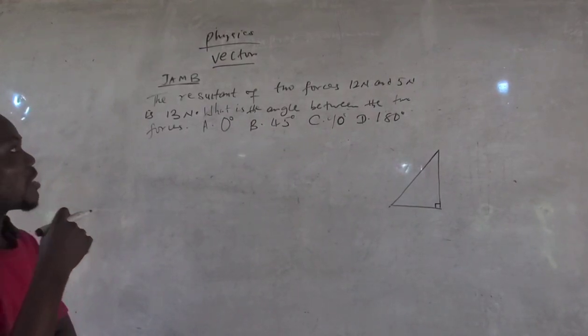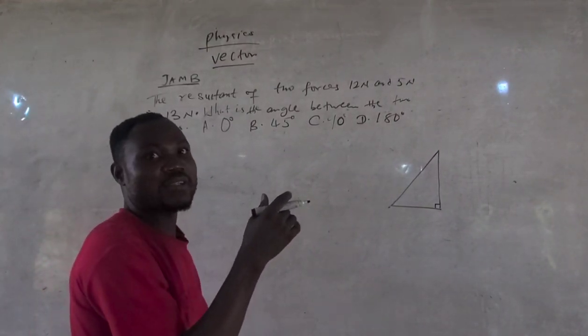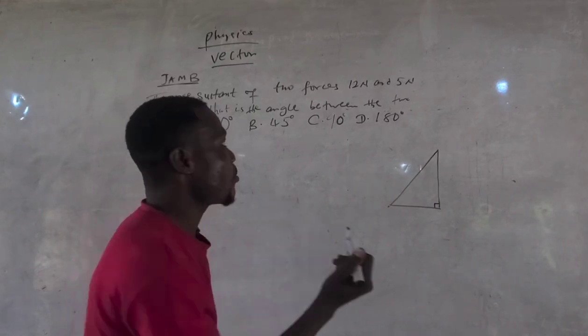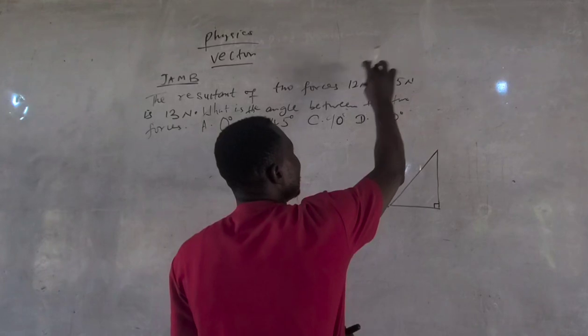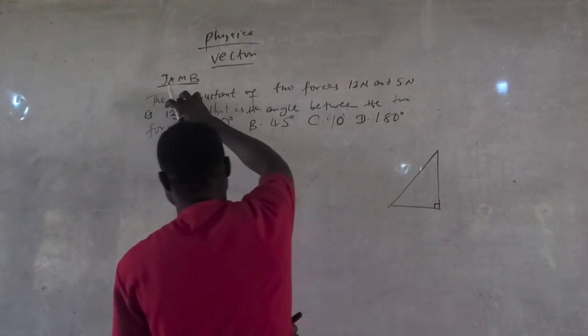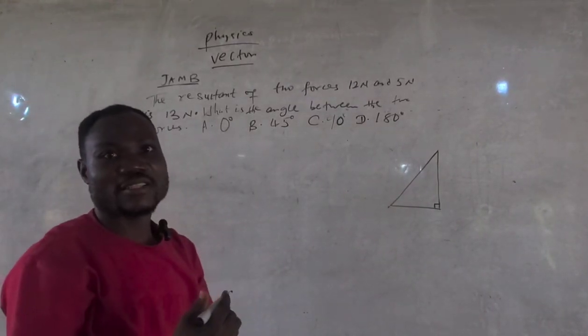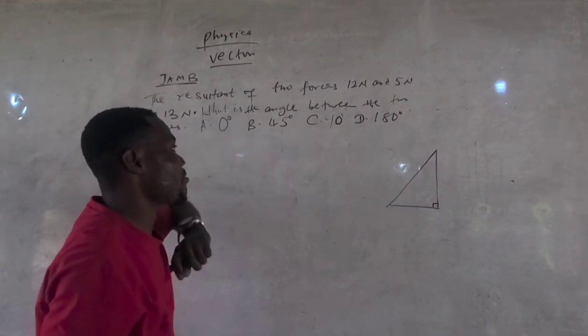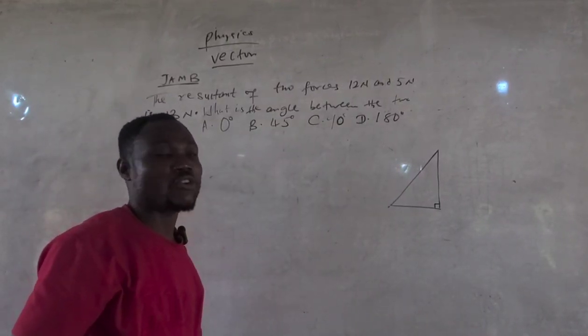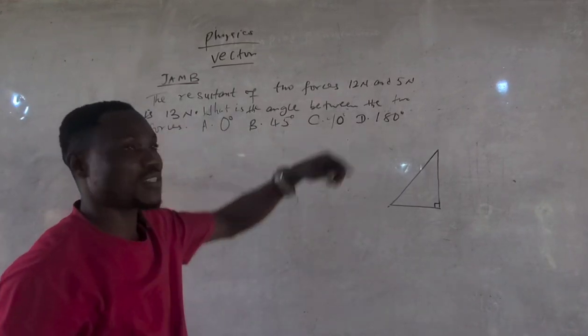So we have to check using Pythagoras theorem if the square root of the sum of the square of 12 and the square of 5 gives us 13. If it gives us 13, that means these three forces form a Pythagoras triple. Therefore, the angle between the two forces is 90 degrees.